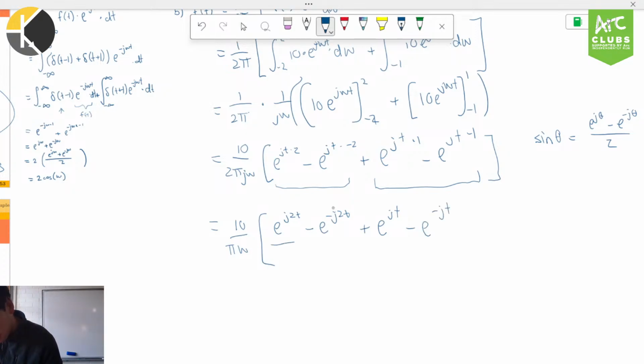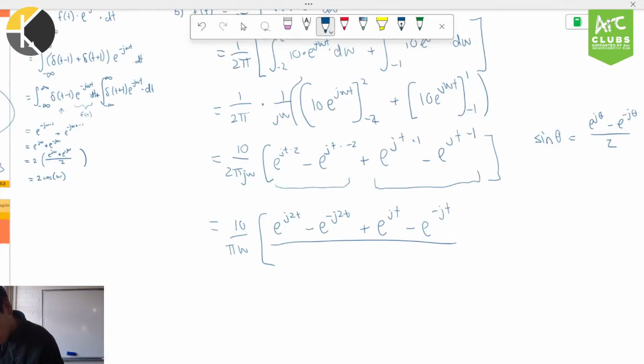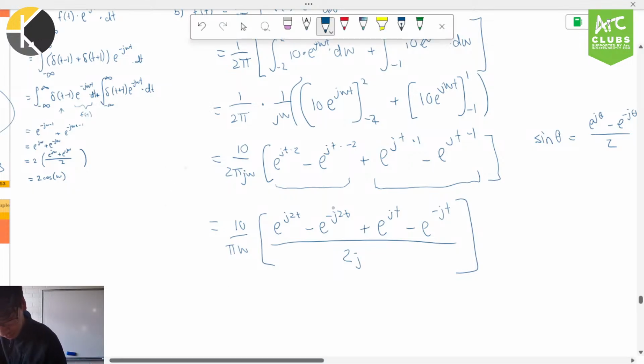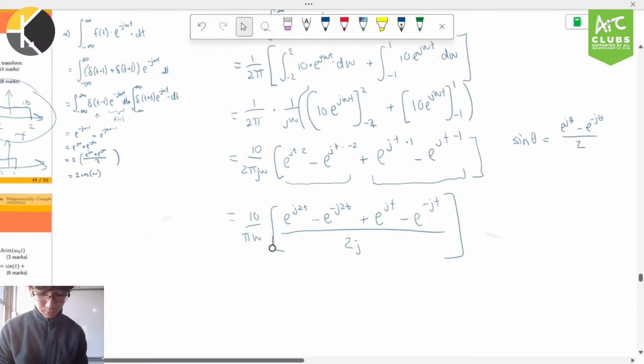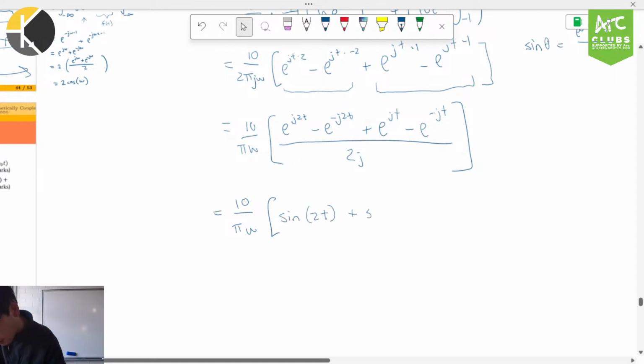So we would have something like this with our 2j underneath. Cool. So now expressing that in terms of sines, we have sine of 2t plus sine of t. Sorry guys, these should actually all be t's.